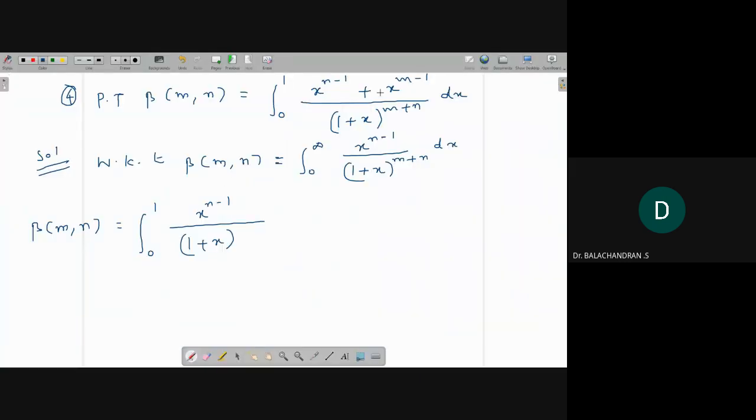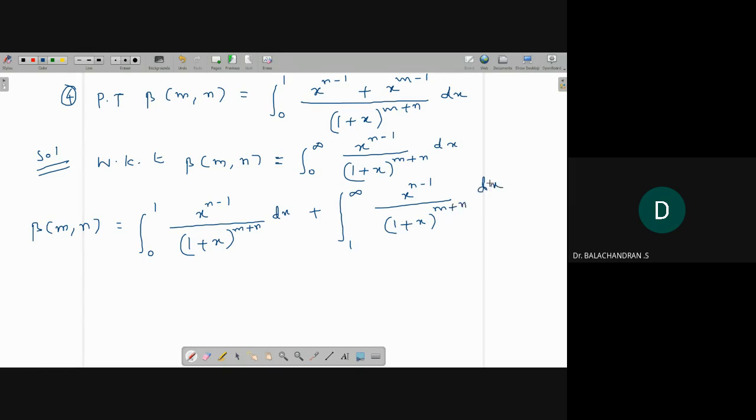Okay, so this is the given problem. We know beta of m comma n equals beta function in terms of infinite integral. Now I'm splitting the integral 0 to infinity, so 0 to 1, the same integrand. So power is what? M plus n dx plus 1 to infinity x power n minus 1 by 1 plus x whole power m plus n dx.